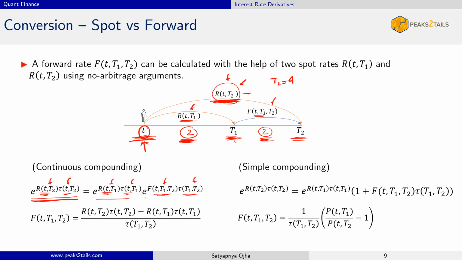Both results should match, otherwise there will be arbitrage. So from here, I can easily calculate this forward rate between T1 and T2 as: the second spot rate times its year fraction minus the first spot rate times its year fraction from t, divided by the year fraction between T1 and T2.